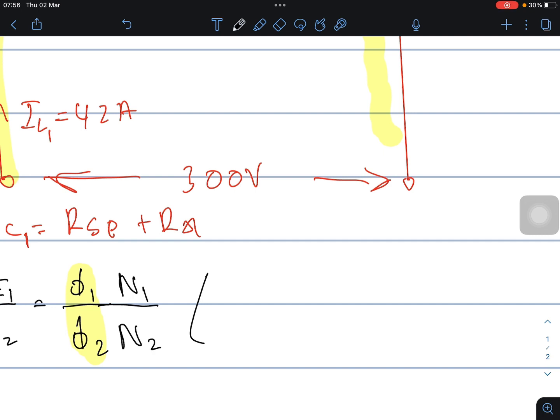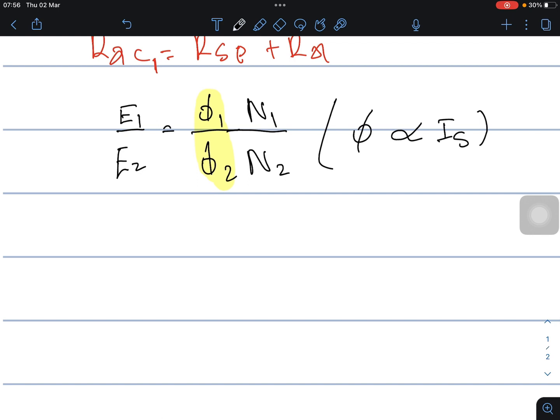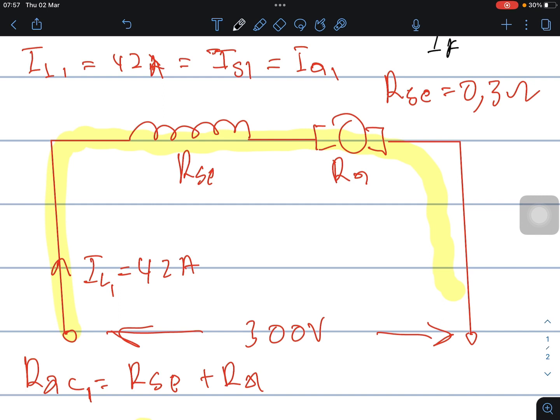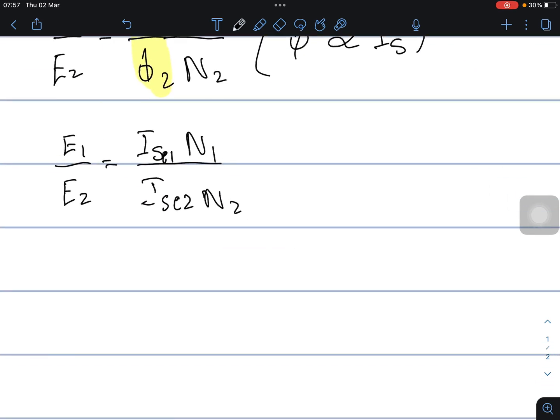So in place of flux we can put the field current: I series 1 N1 over I series 2 N2. This is usually the case with a series motor, because the current going through the armature carries the same current as the field winding, and the magnetic field changes. In a shunt motor, the field strength is constant most of the time.